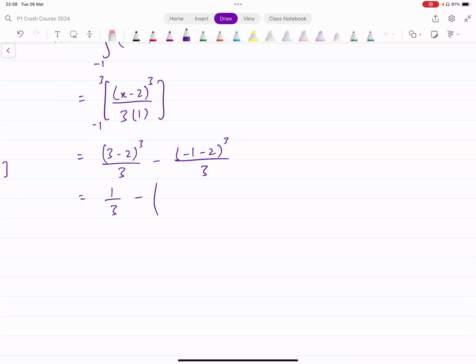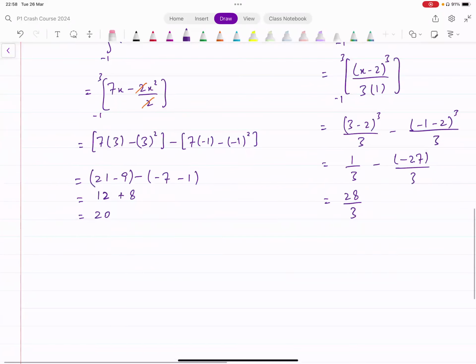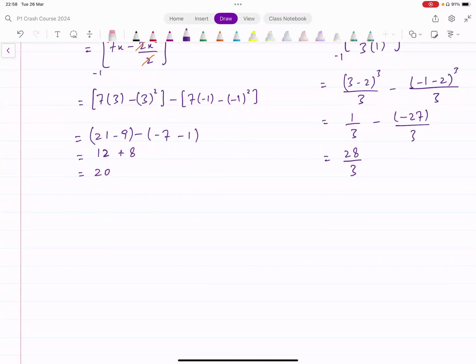That is going to be minus 27 divided by 3. And that's 1 over 3 plus 27 over 3. I'm getting 28 over 3 from this. So can you please check the calculation as well in case there are any careless errors? So this is what we are getting, 1 over 3 plus 27 over 3, that's 28 over 3.